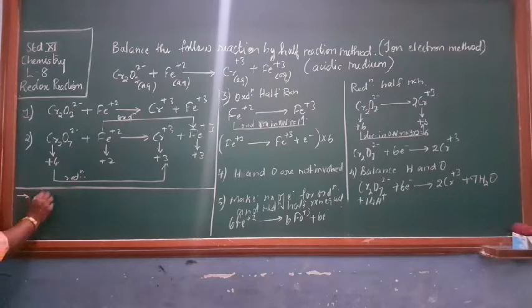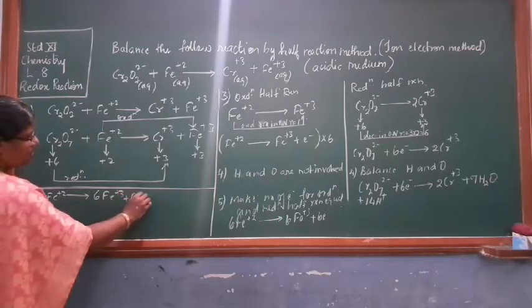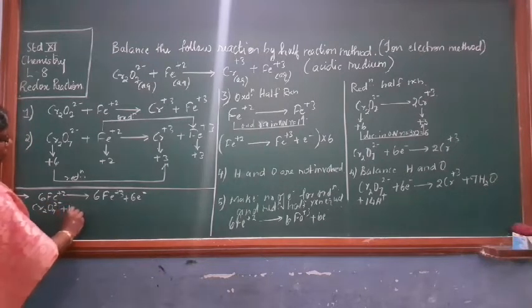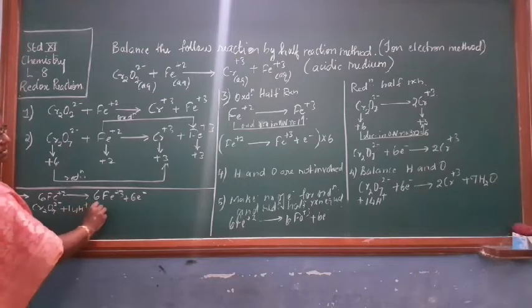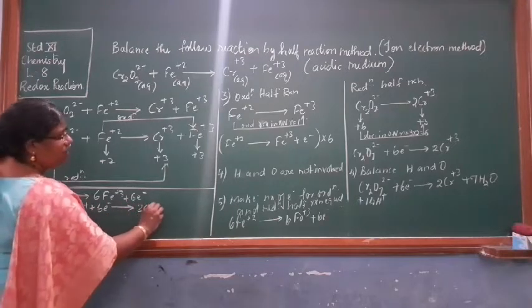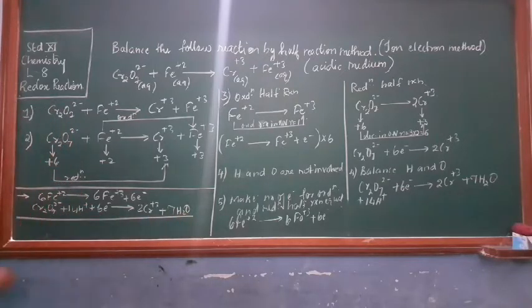So what will I do? 6 Fe plus 2 giving you 6 Fe plus 3 plus 6 electrons, and your reduction half reaction, that is Cr2O7 2 minus plus 14 H plus plus 6 electrons gives you 2 Cr plus 3 plus 7 H2O. Add them. So what do I have? Now see, these 6 and 6 will get cancelled out. They are on either side of the arrow, so they get cancelled out.